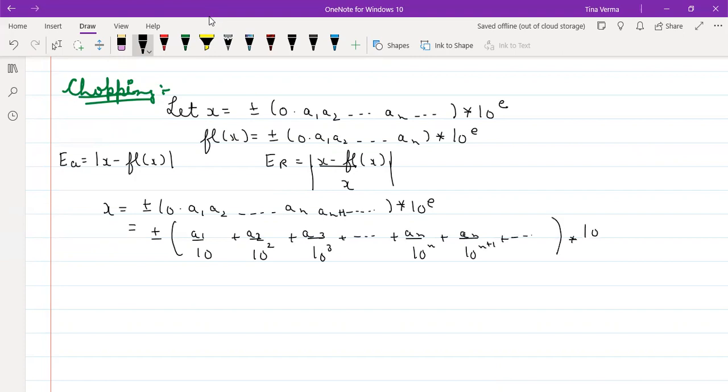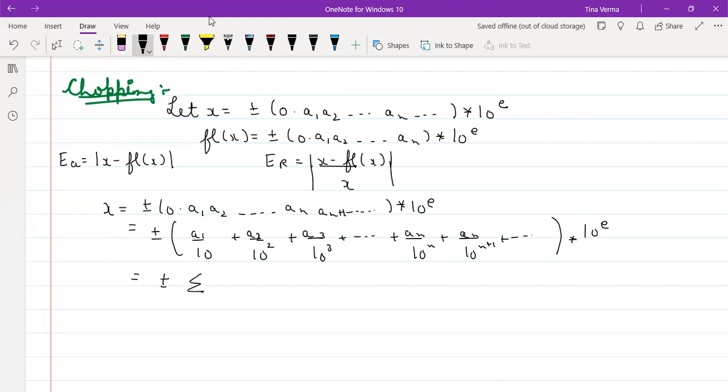Because a1 will be point a1. When you add 0.00 a1, that will be point a1 and the same will be added. So I can write this as plus or minus.